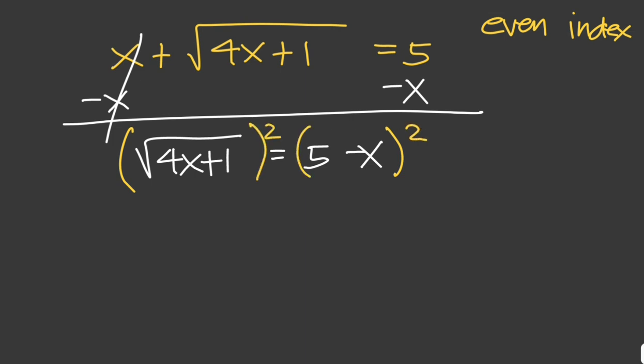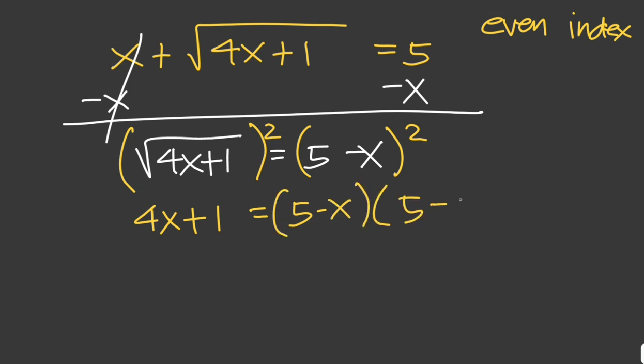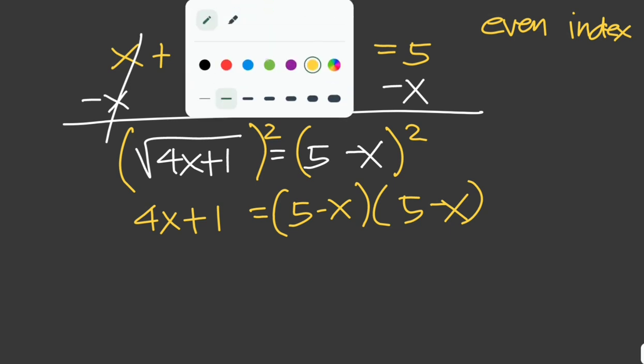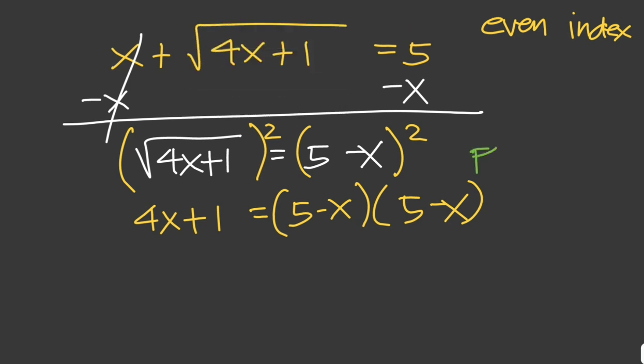So the square of the square root of 4x plus 1 is just 4x plus 1. Then we have 5 minus x squared, or we can write this as 5 minus x times 5 minus x. Then you can use the FOIL method for that.